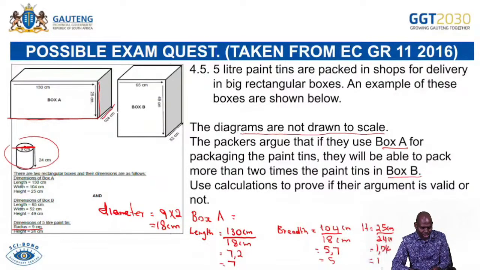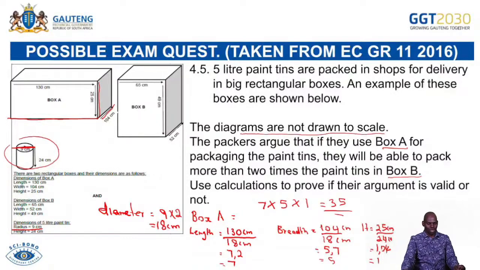Then from this one, you can see how many boxes will fit in box A. The number of boxes in this case is going to be 7 times 5 times 1. So 7 times 5 is 35. So 35 boxes will fit in box A.